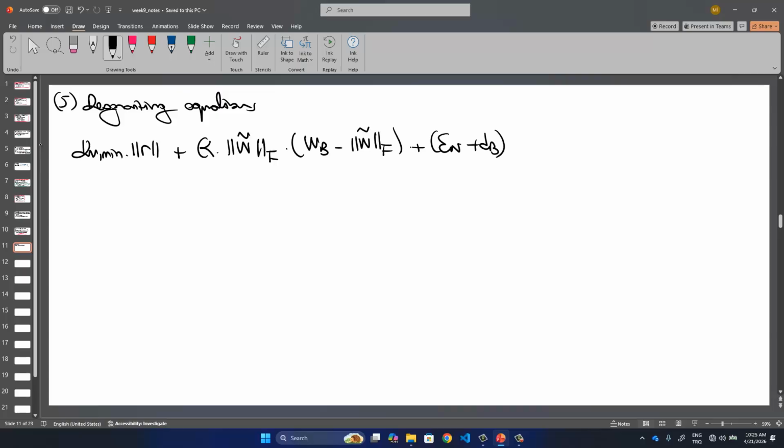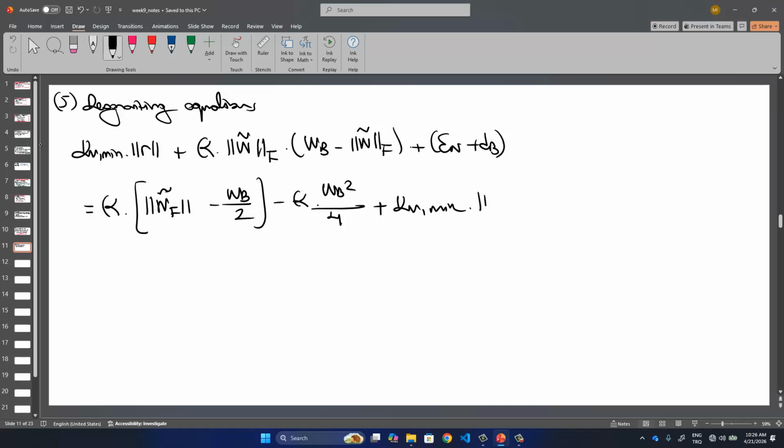And so if we collect all the terms in here, just like this one, kappa times (the Frobenius norm of W tilde minus W_B over 2) squared, okay? And kappa W_B squared over 4 plus K_V min norm of R minus (epsilon_N plus d_B).